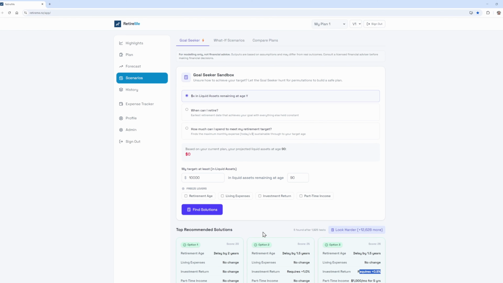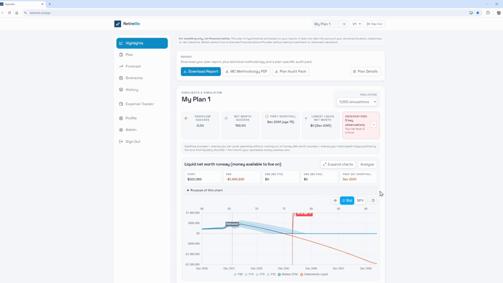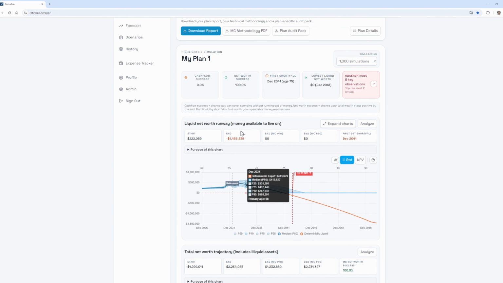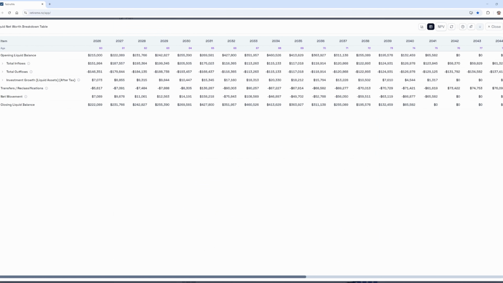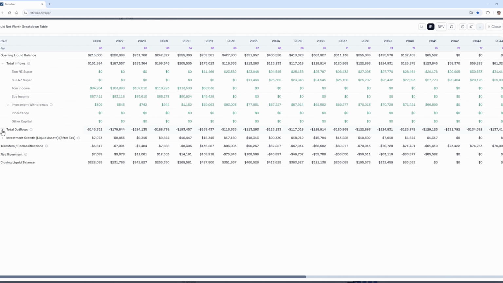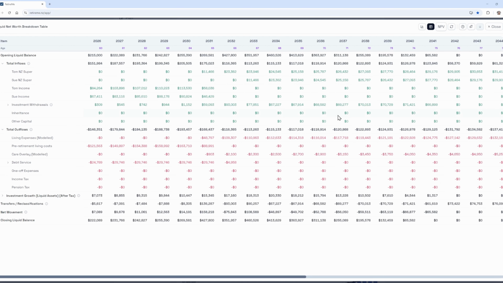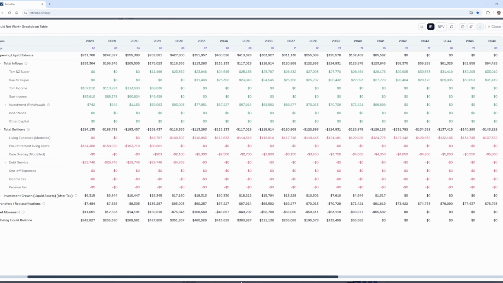What I was really interested in was just showing you how quick and easy it is to produce your Monte Carlos, but then also to go and have a look at the detail behind them to understand what's actually going on. In this chart you can literally go in and have a look at the numbers. So you pick the table, and this is a very important table, which we have a whole separate video talking about, of what money is coming in, what money is going out, where you're drawing from, how this all works and what it means, and how things track over time.